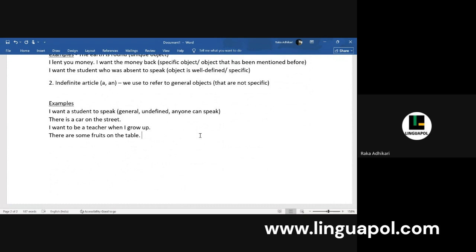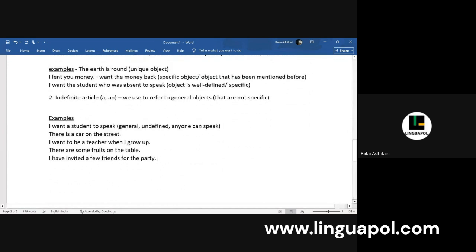There are some fruits on the table. I have invited a few friends for the party. So here we are talking generally. I have invited a few friends. They are some friends. I'm not describing which friends, or I'm not saying what kind of friends. I'm just saying I have invited a few friends for the party.